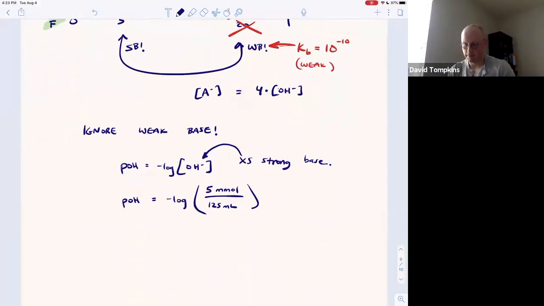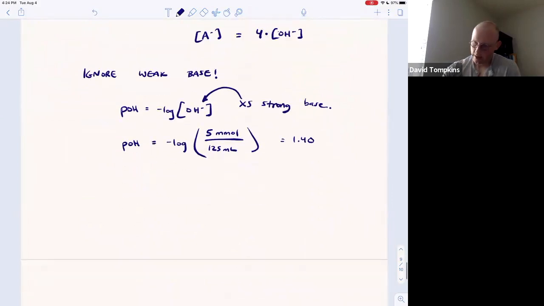So if you solve for that pOH, you're going to get a pretty low value. Here I get 1.40. And then finally the pH is 14 minus that, or 12.6.